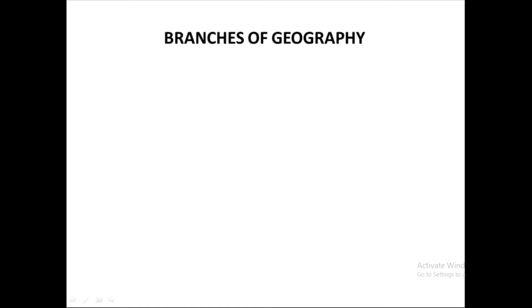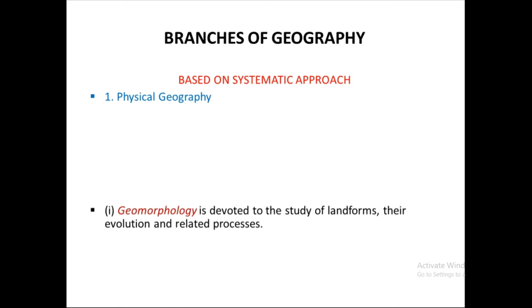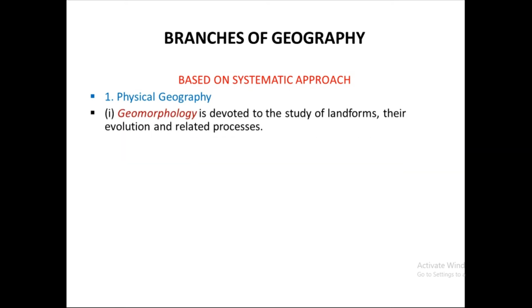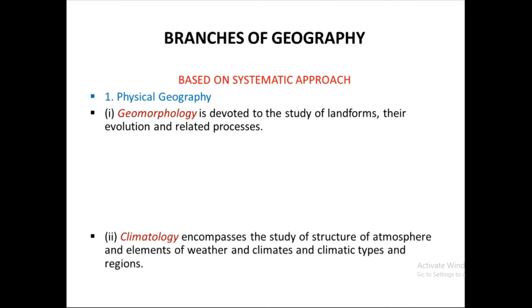Branches of geography. Based on systematic approach, there are two divisions of geography. One is physical geography and second is human geography. Physical geography is the study of physical elements of the Earth's surface. The various branches of physical geography are geomorphology, which is devoted to the study of landforms, their evolution and related processes.